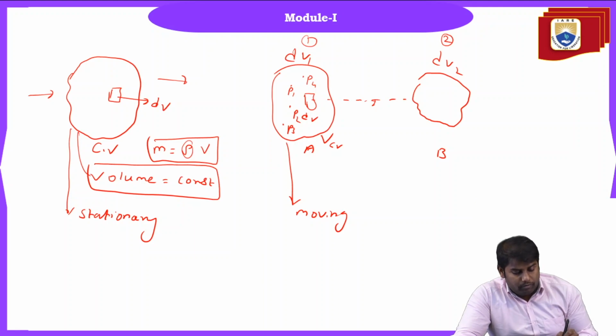So here, when it is moving, the mass is taken as constant. What is mass? Density into volume, which is equal to constant.